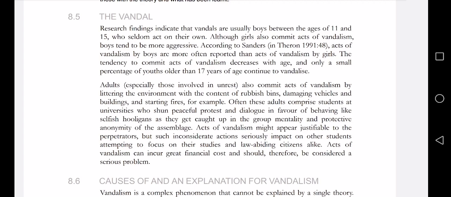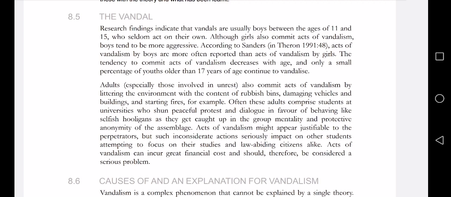Often these adults comprise students at universities who shun peaceful protest and dialogue in favor of behaving like selfish hooligans as they get caught up in a group mentality and the protective anonymity of the assembly.